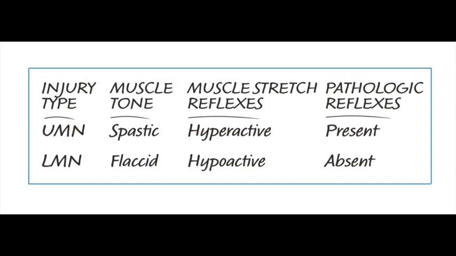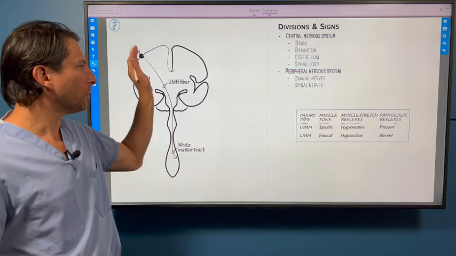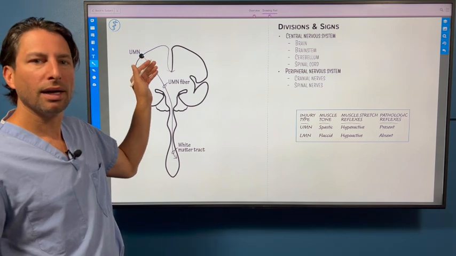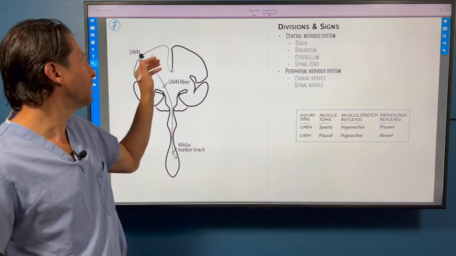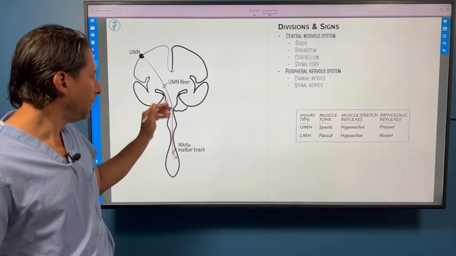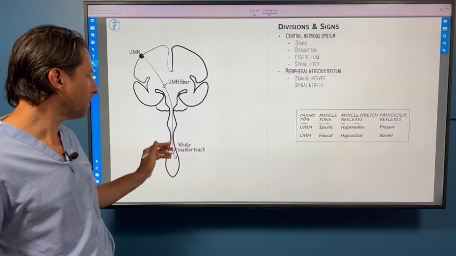And then this is the pattern of injury that we see with central nervous system versus peripheral nervous system injury. What do we mean by that? So for the central nervous system, we have, for instance, a neuron within the cerebral cortex, which we call the upper motor neuron, and then we have its emanating fiber, which lies still within the central nervous system.